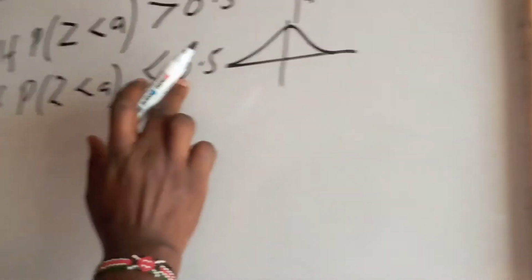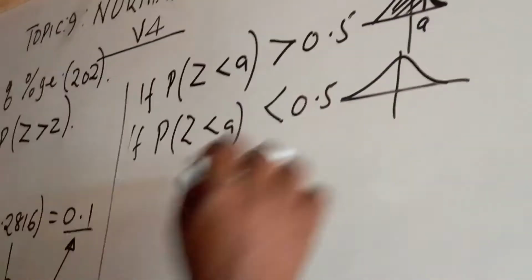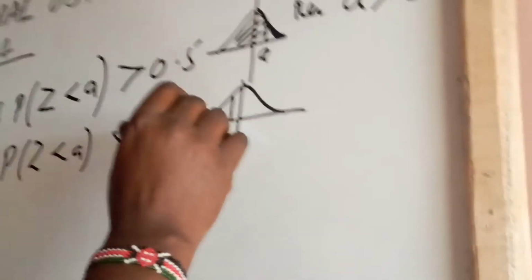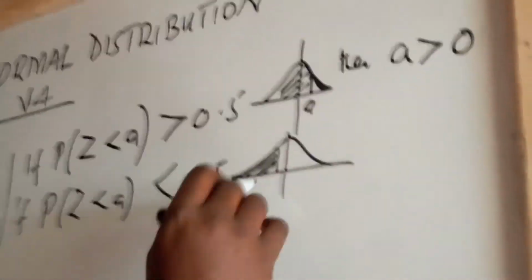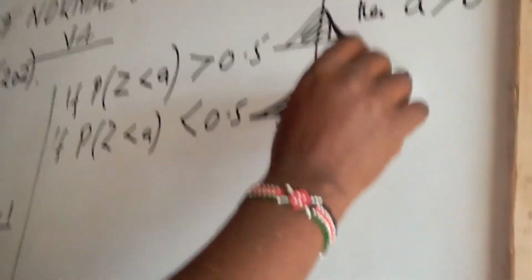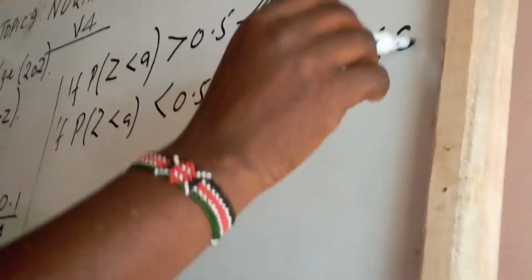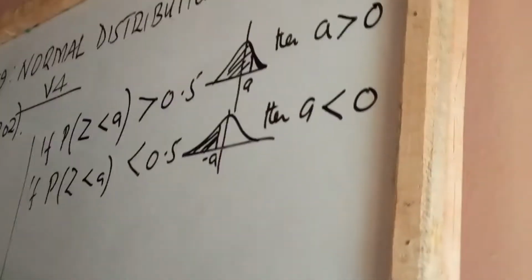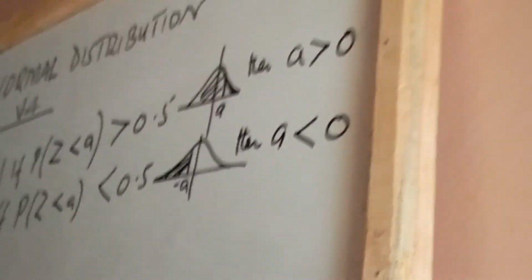The area is less than half, and we are talking about the left hand region. That means it is not yet half. Our a is here, so a is negative. Then a is less than 0. Very important for anybody to note that.